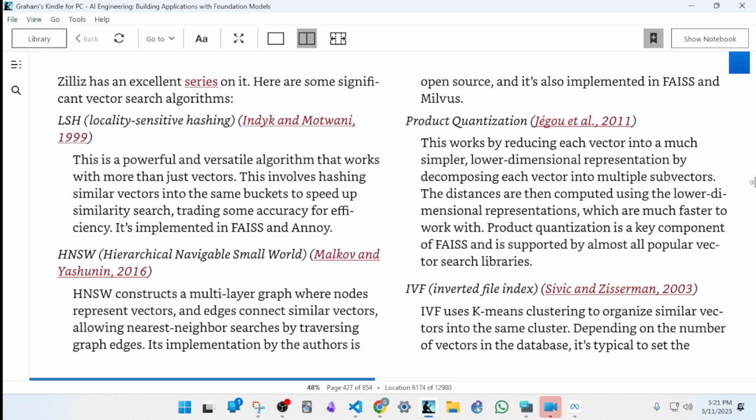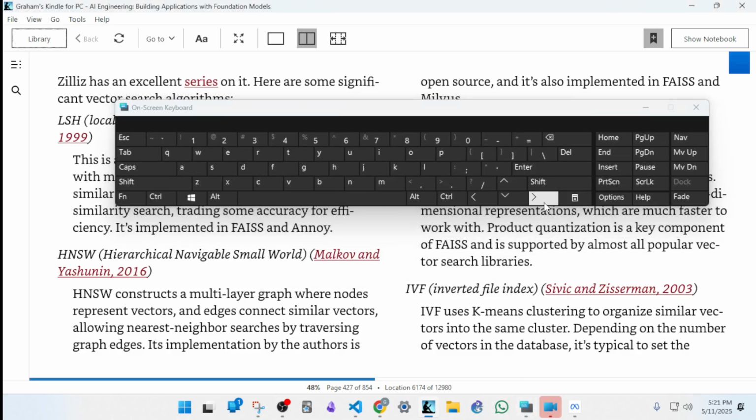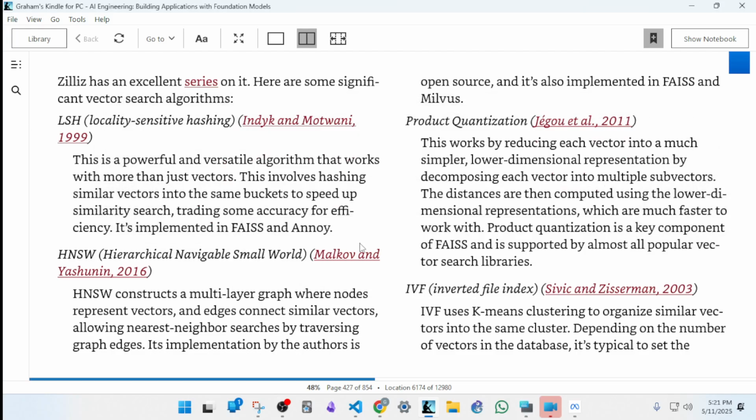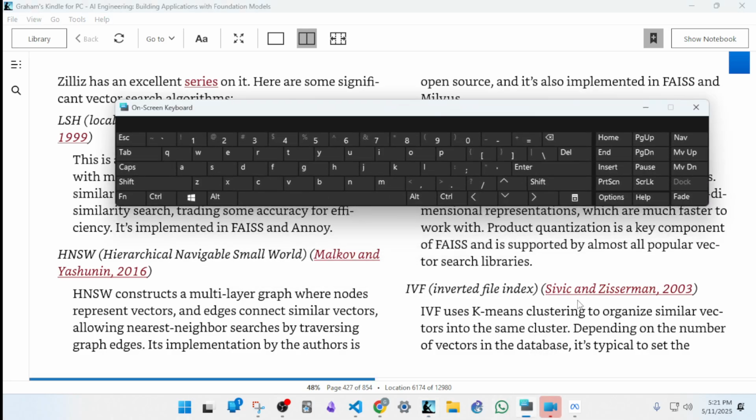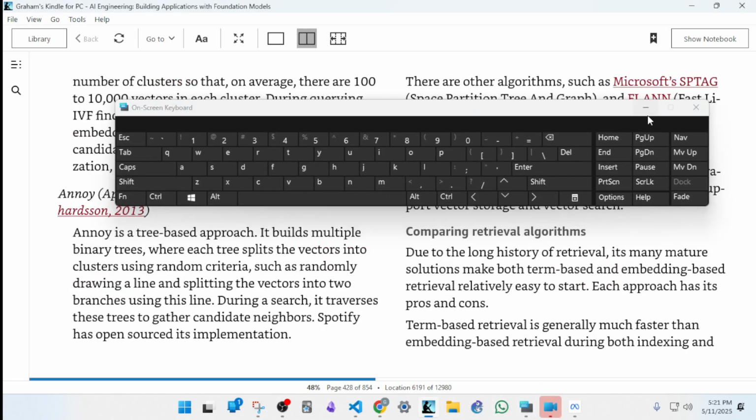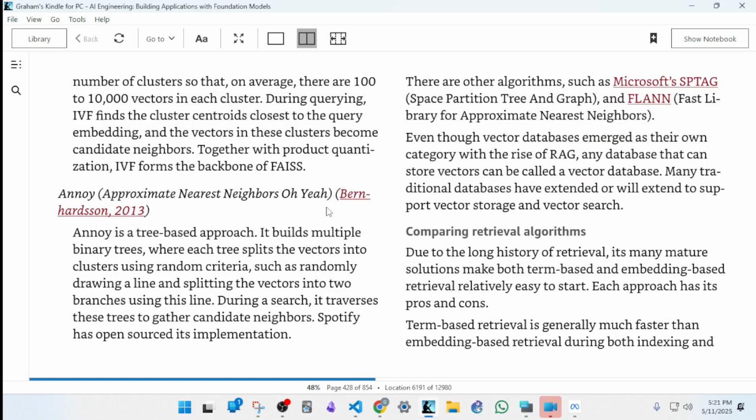The next vector search algorithm is IVF, Inverted File Index, another fairly old school one, developed in 2003. IVF uses k-means clustering to organize similar vectors into the same cluster. Depending on the number of vectors in the database, it's typical to set the number of clusters so that on average there are 100 to 10,000 vectors in each cluster.